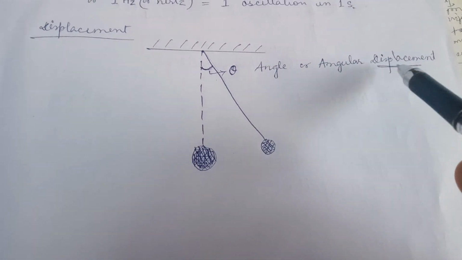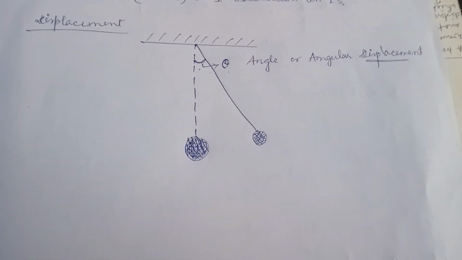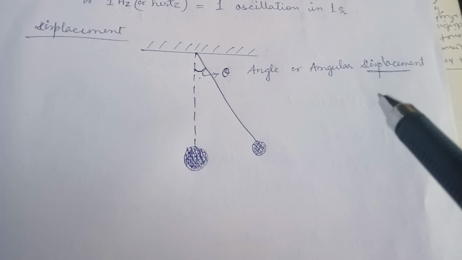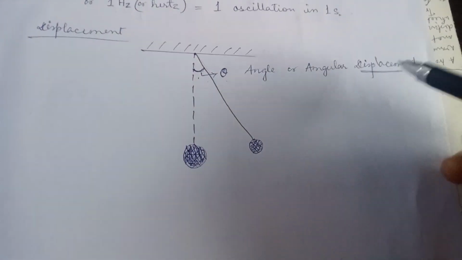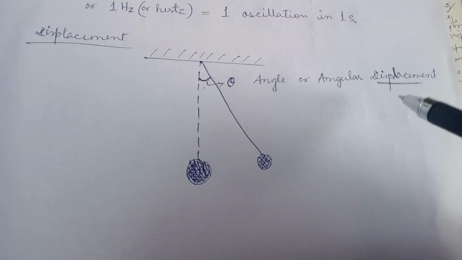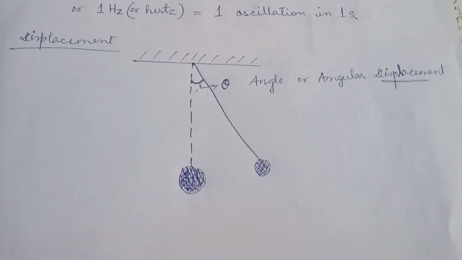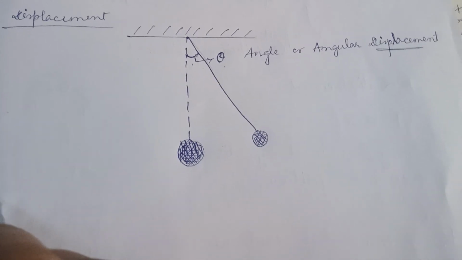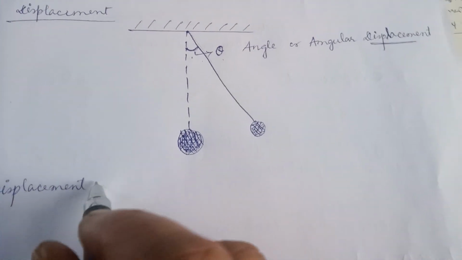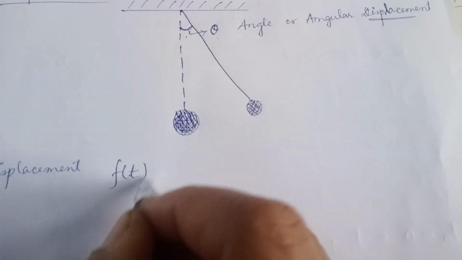So we can express displacement in terms of angle using the sine as well as the cosine function. In an earlier episode I discussed that displacement is a function of time. With varying time, the value of displacement changes. So we can easily express displacement as a function of time.